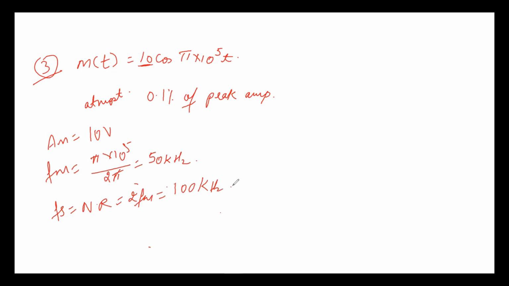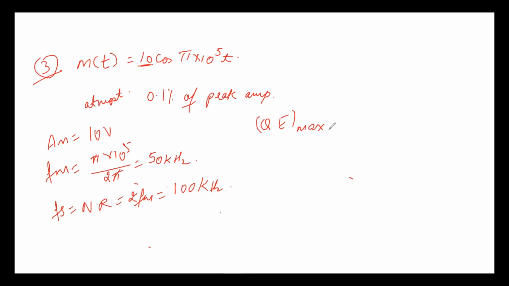Okay. Now the main thing is quantization error. In the question, it is telling that maximum quantization error should be at most 0.1% of peak amplitude of message signal. So this line is very important.